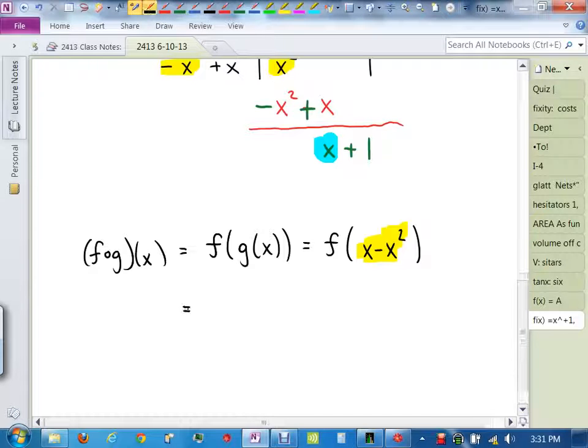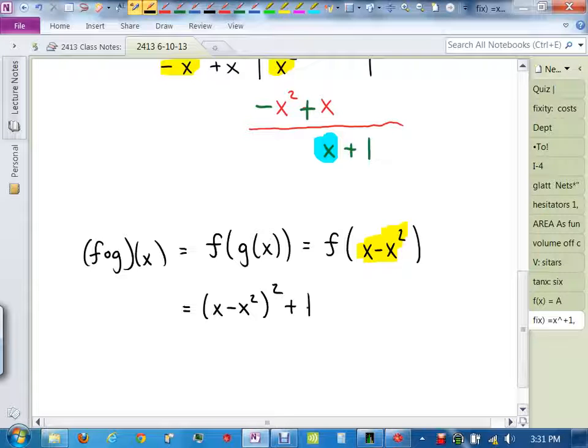So it becomes what? x minus x squared, squared, then plus 1. And then you'd have to multiply that out. What's x minus x squared, squared? Is that x squared minus x to the 4th?